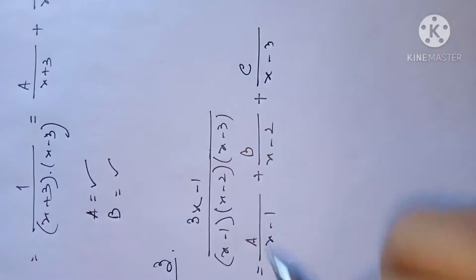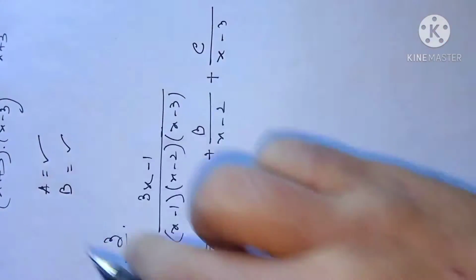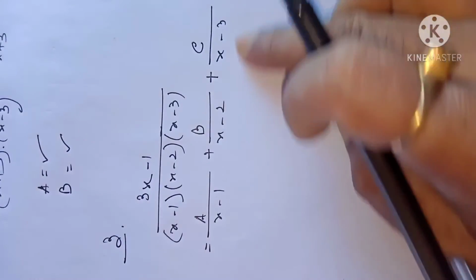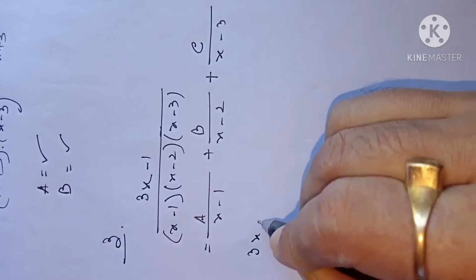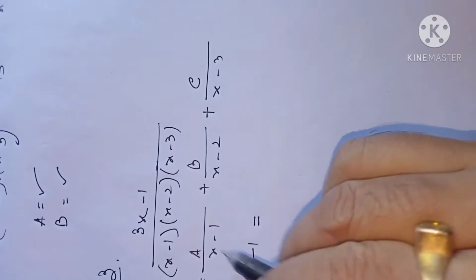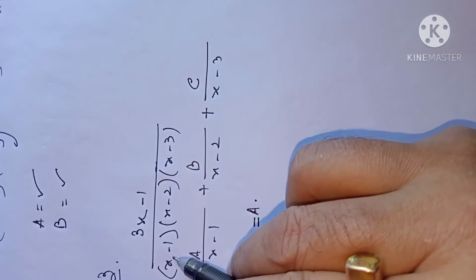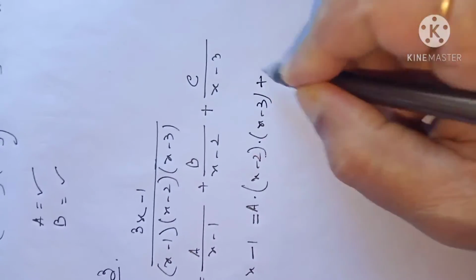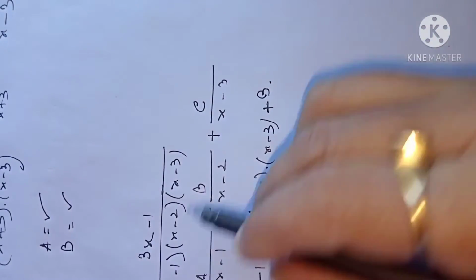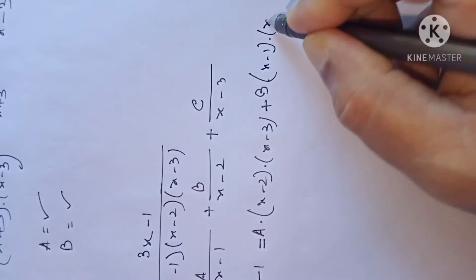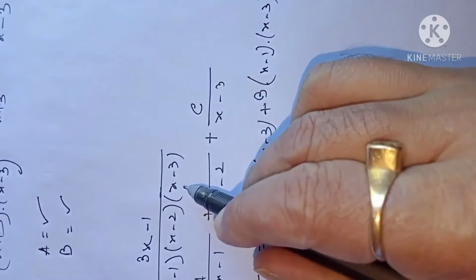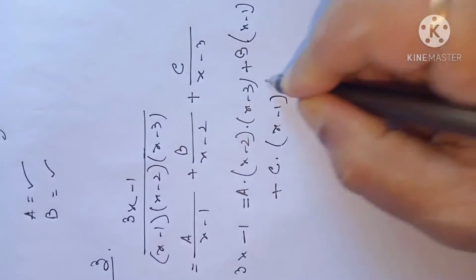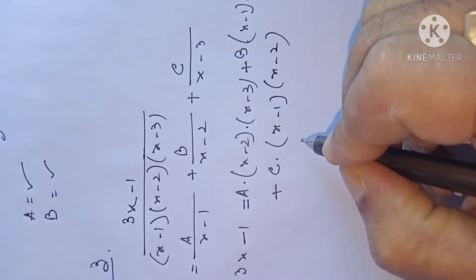Now if we multiply the left hand side and the right hand side by (x minus 1)(x minus 2)(x minus 3), all these will change like this. 3x minus 1 is equal to a times (x minus 2)(x minus 3), since x minus 1 gets cancelled, plus b times (x minus 1)(x minus 3), since x minus 2 gets cancelled, plus c times (x minus 1)(x minus 2), since x minus 3 gets cancelled.